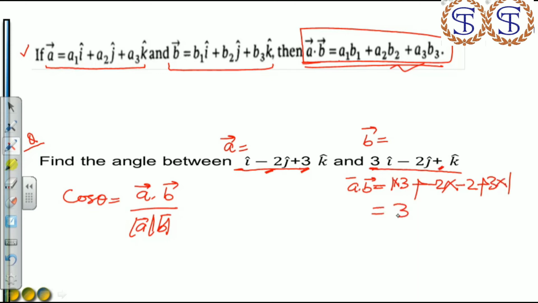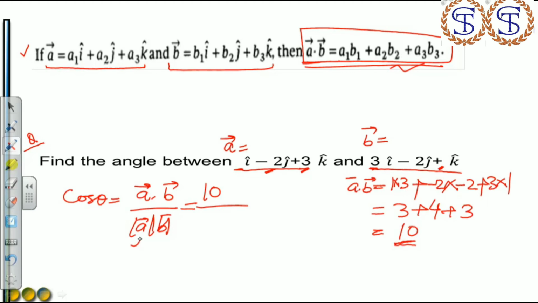That is 3 plus 4 plus 3, so 3 plus 4 is 7, plus 3 is 10. Here we have the value of A dot B, that is 10.